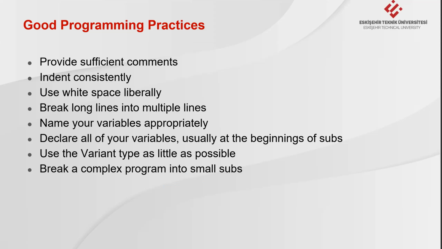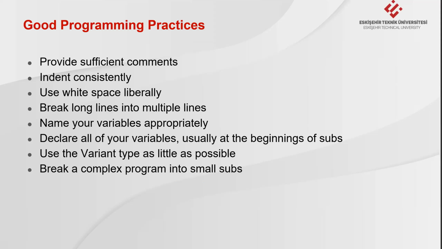Declare all of your variables, usually at the beginning of the subs. As you know, we said that it is optional in Excel, but if you indicate this from the options, or if you write Option Explicit, it is going to force you to define your variables. So please try to declare all of your variables.